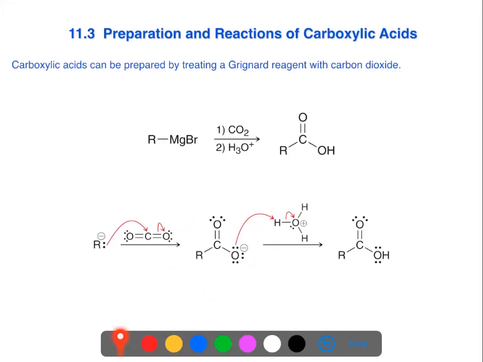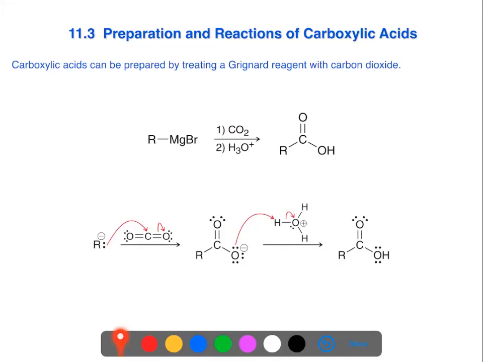In a second step, that carboxylate is quenched or undergoes a proton transfer with an acid wash. So we can use a dilute acid, H3O+, being shown here, and that can be the proton source to form your final carboxylic acid.